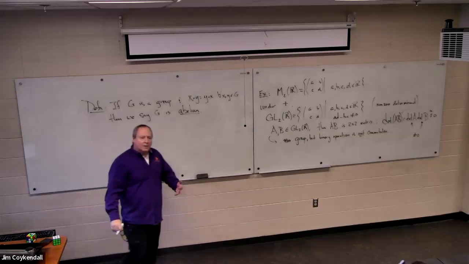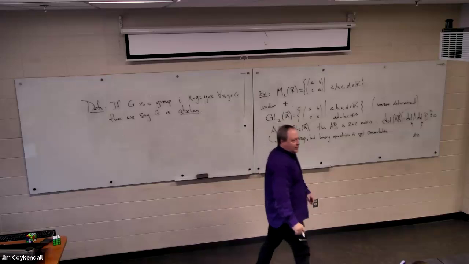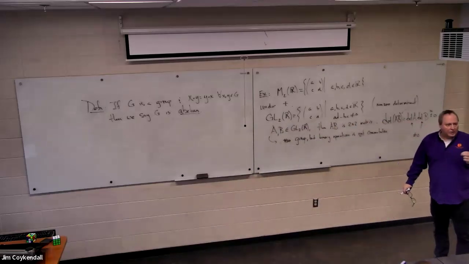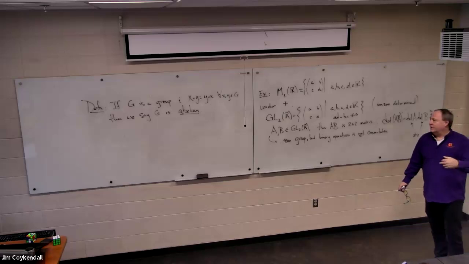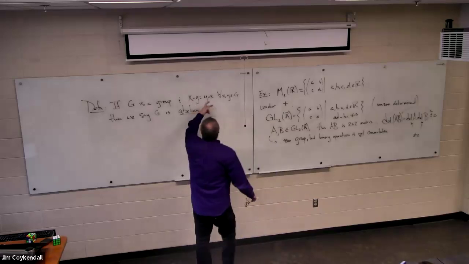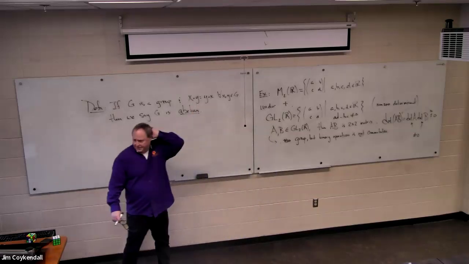So if I ever say the word abelian group, which I will, that just means a group where the order doesn't matter, like the integers under addition, where when you combine X and Y, it doesn't matter what it is.